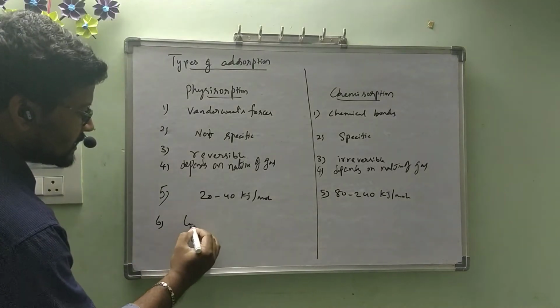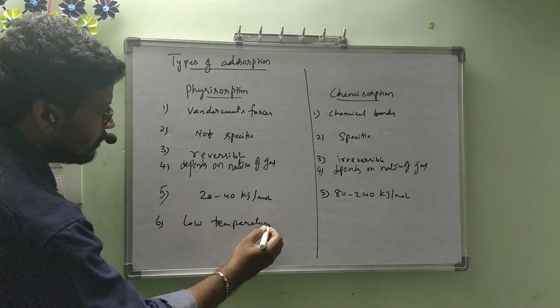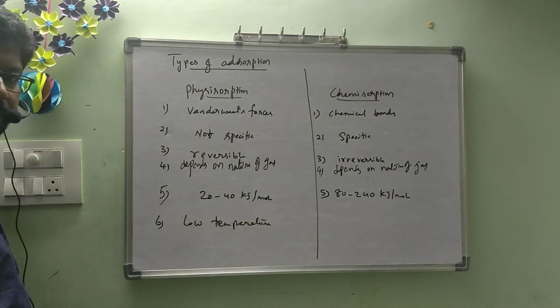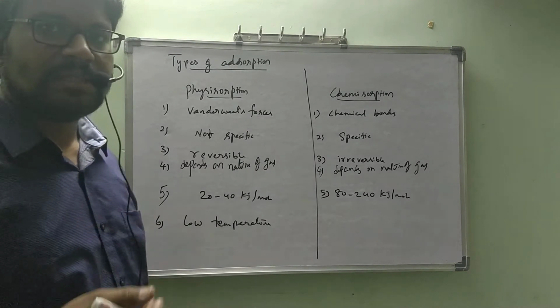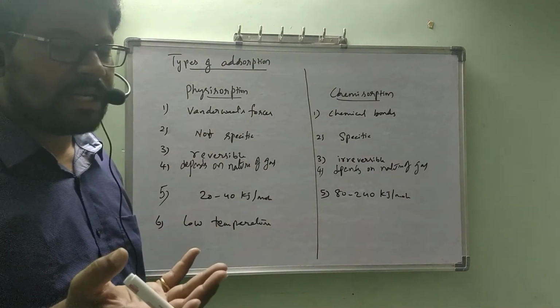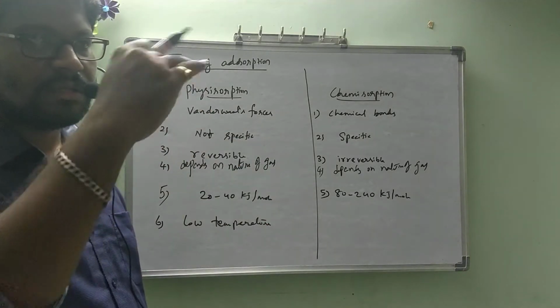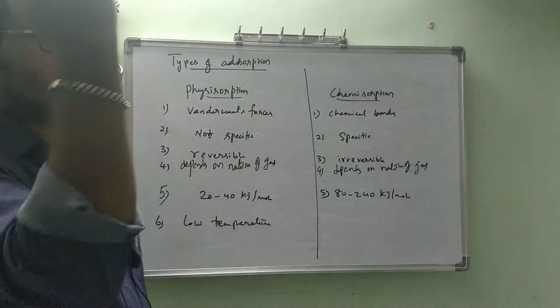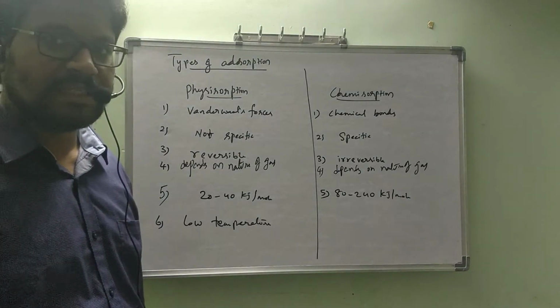Physisorption decreases with increase of temperature, because when we increase the temperature, by absorbing heat energy, the surface molecules not exactly attached to the surface, in the third layer and second layer, can be converted to gaseous state.